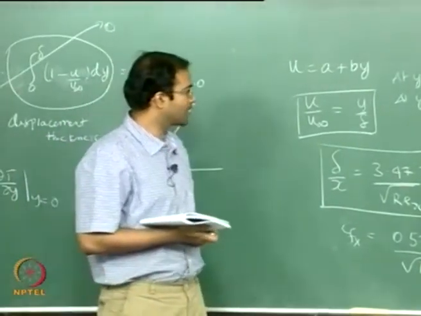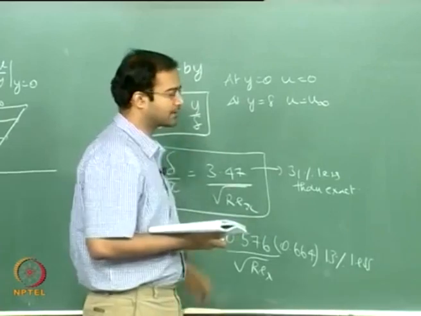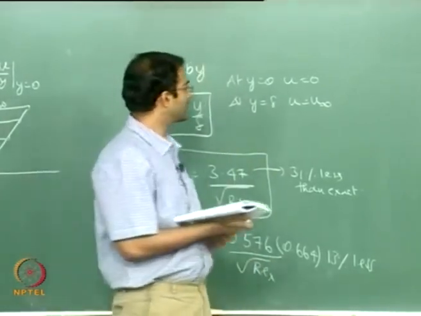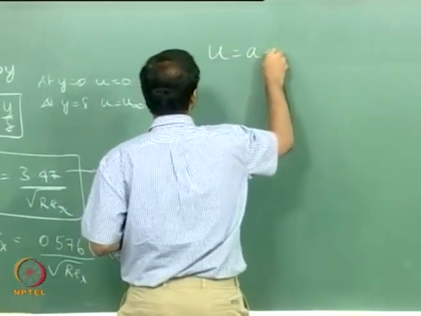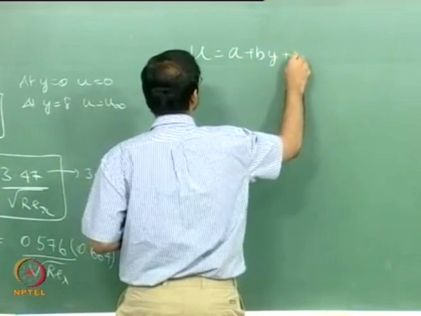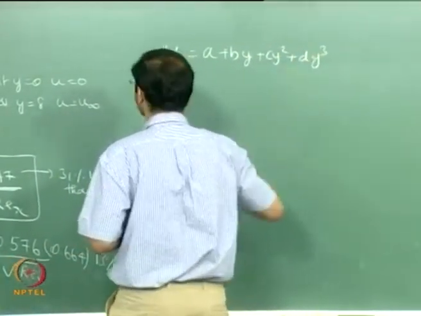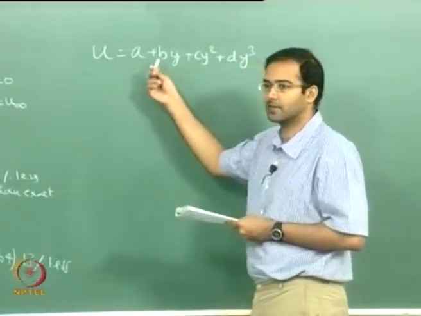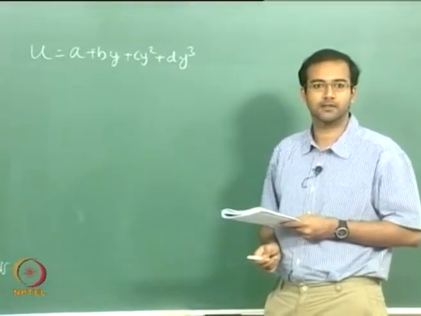Then what we did, we improved the profile assumption from a linear profile to a cubic profile. We assumed a profile something like a plus b y plus c y square plus d y cube. Now that it is a higher order polynomial, we need to satisfy more boundary conditions to determine these additional constants.